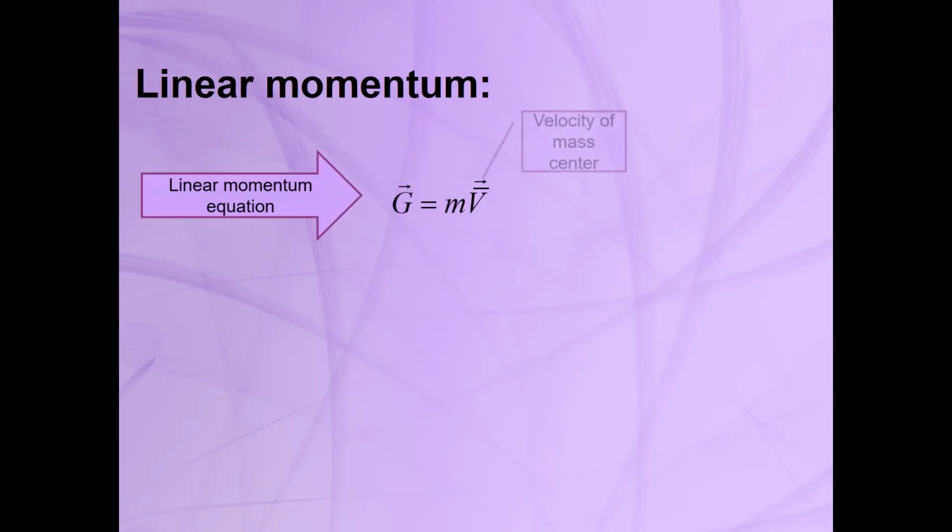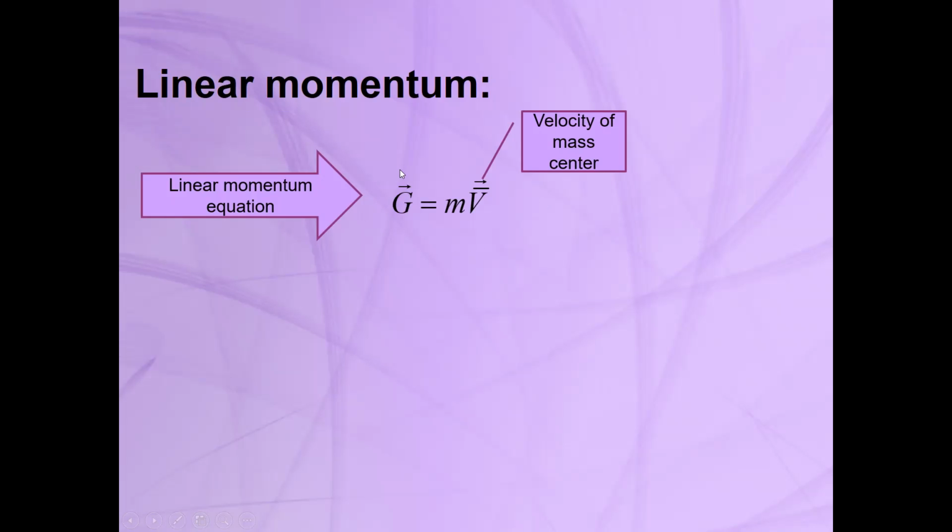The linear momentum, the equations, and generally the relations, all of them are exactly the same as in the particles. Here, instead of the mass of the particle, we only have the mass of the rigid body.